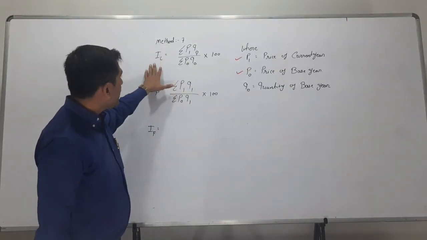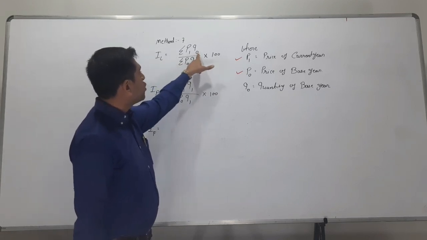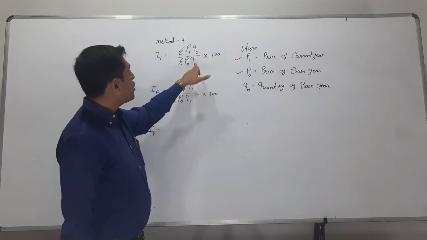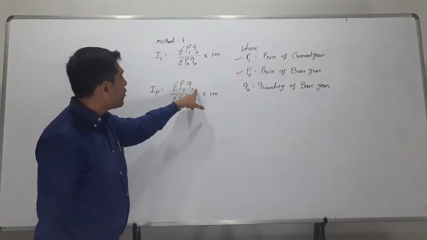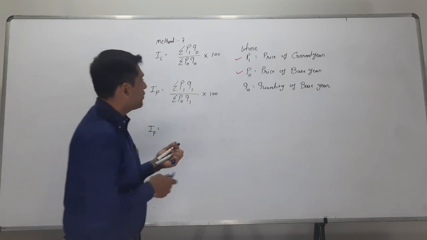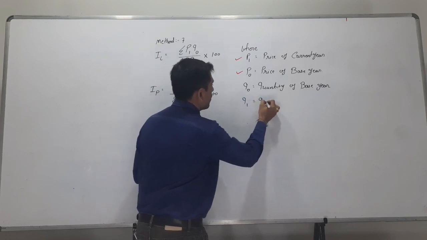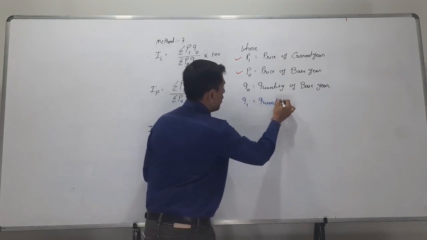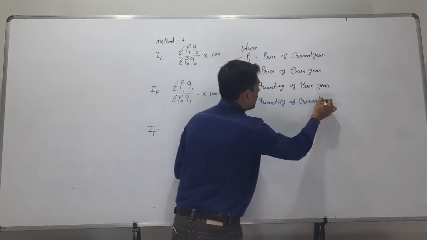But in Laspeyres' formula only quantity of base year is used, Q0, and in Paasche's formula you have to use Q1, that is quantity of current year.